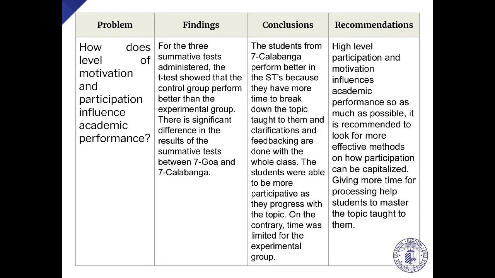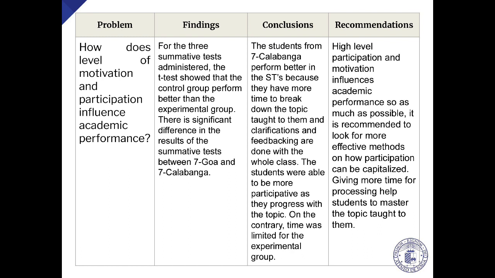For the second question, regarding the effect of the level of motivation and participation on academic performance, for all the summative tests administered for the three topics, the t-test showed that the control group performed better than the experimental group.